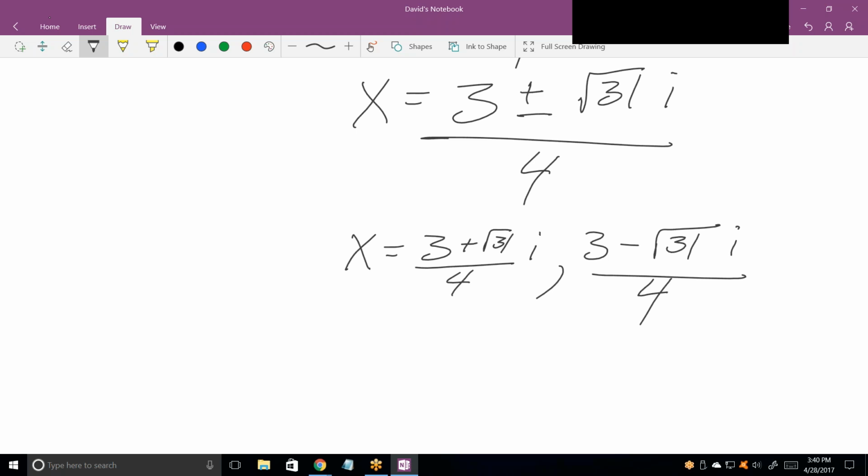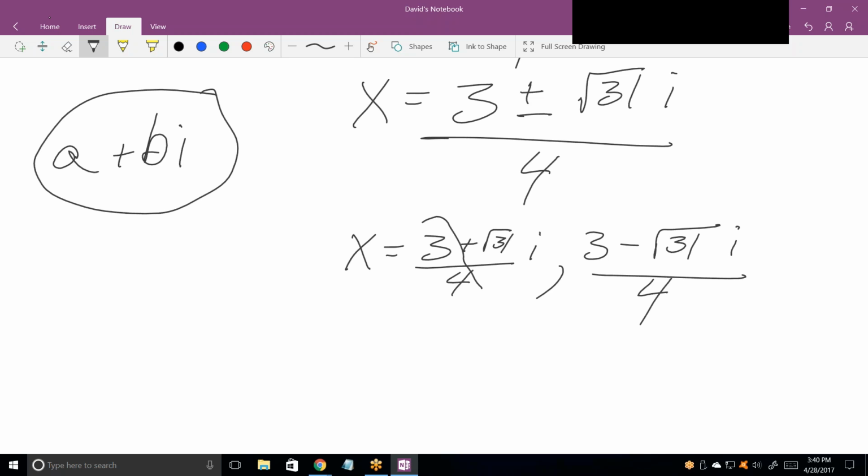Now, let's say he wanted it in A plus BI format, which is that standard format. We would need to separate this into two fractions. 3 over 4 plus root 31 over 4I.